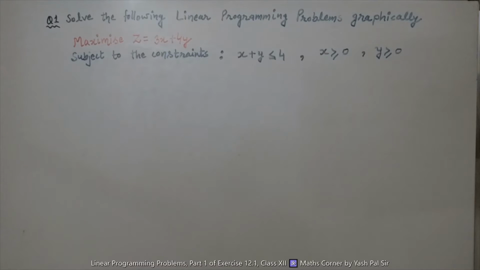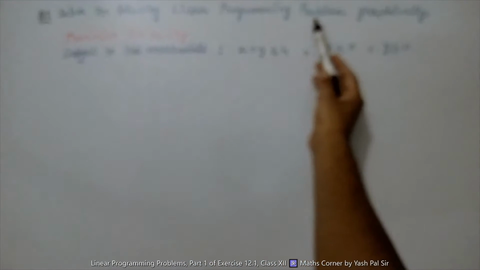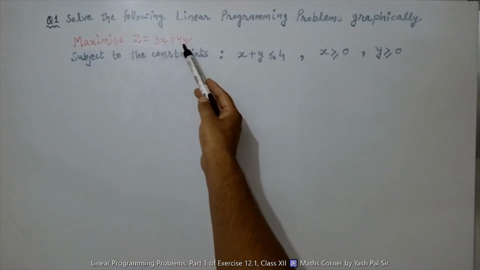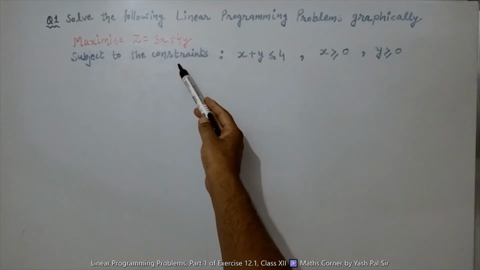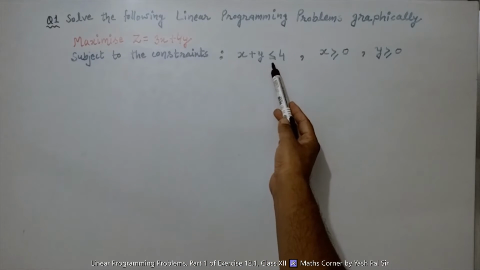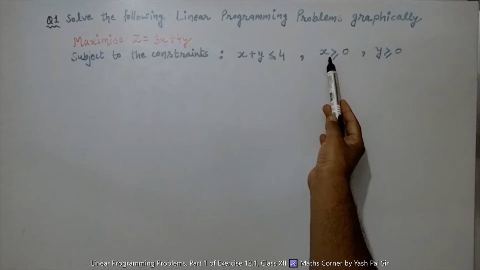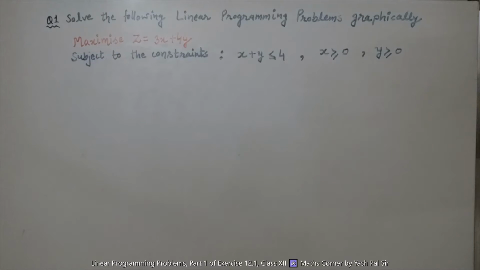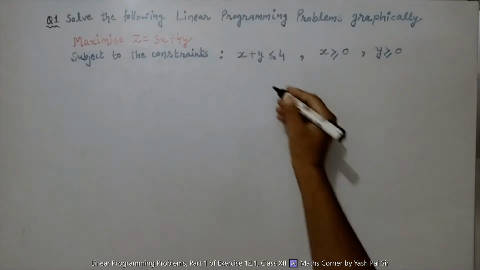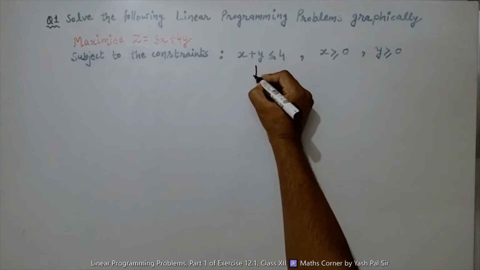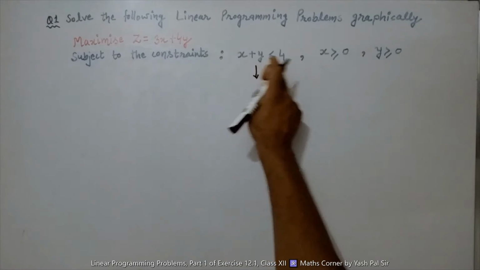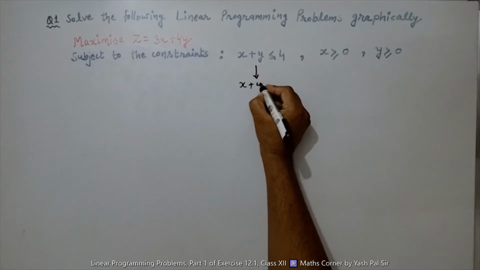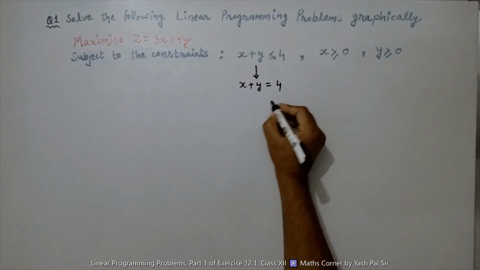Question number 1. Solve the following linear programming problems graphically. Maximize z equal to 3x plus 4y subject to the constraints x plus y less than or equal to 4, x greater than or equal to 0, y greater than or equal to 0. Right? So the very first step: the given inequality in the constraints, we convert this inequality into equality. x plus y is equal to 4.